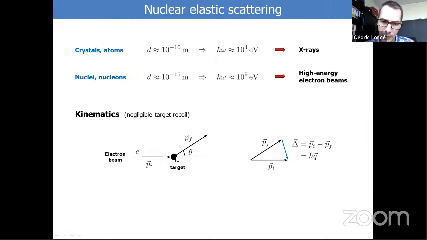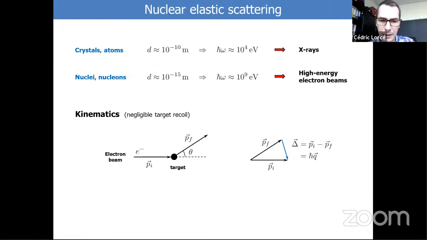The target doesn't recoil, and the electron bounces because of the Coulomb interaction into a final state with momentum pf at a certain angle with respect to pi. And you can conveniently describe everything in terms of the momentum transfer, which is the difference between the initial and final momentum, which you can relate to the wave vector over here.